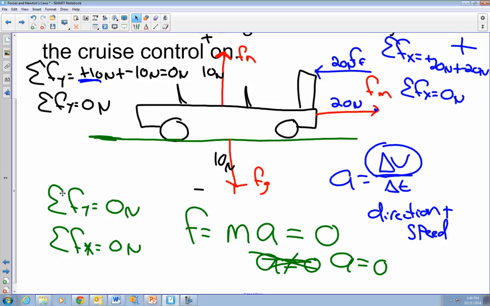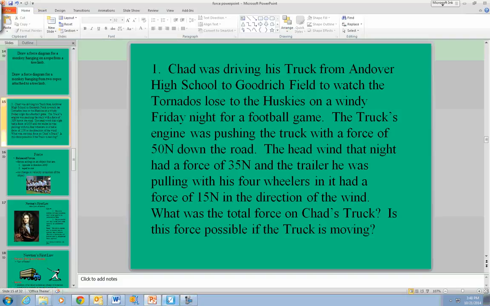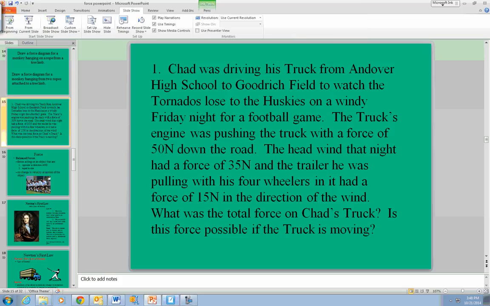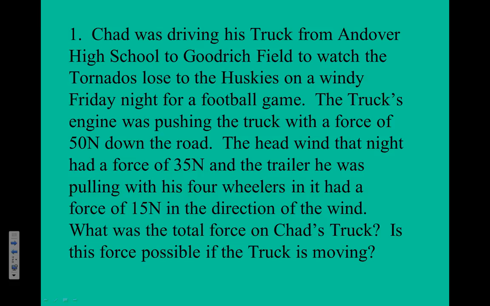So, with that being stated in a nice, long-winded way, we are going to take a look at the problem from yesterday, which is right here on the board. We said Chad is driving his truck from Andover High School to Goodrich Field to watch the Tornadoes lose to the Huskies on a windy Friday night football game.